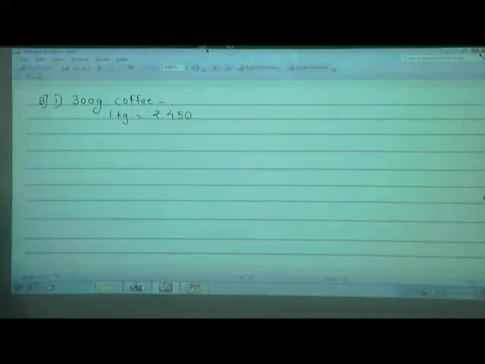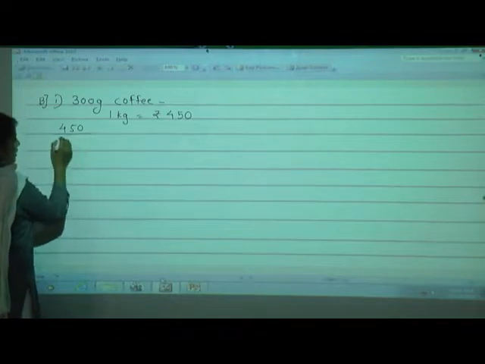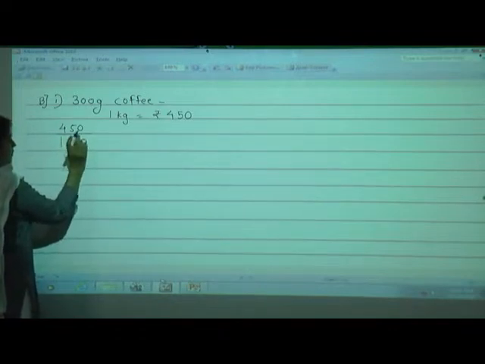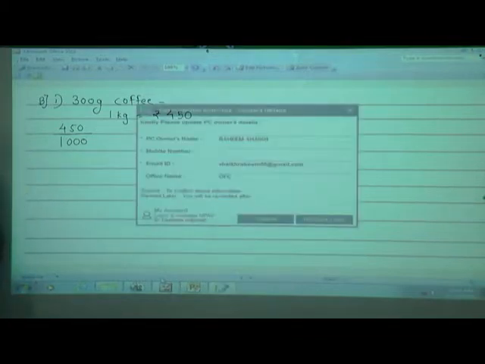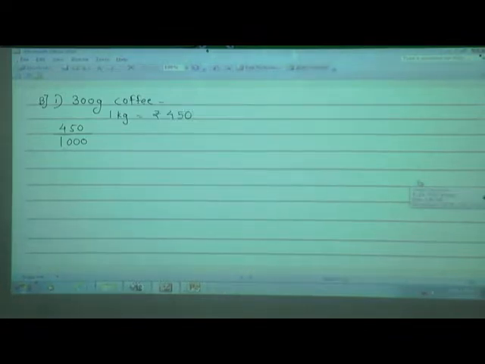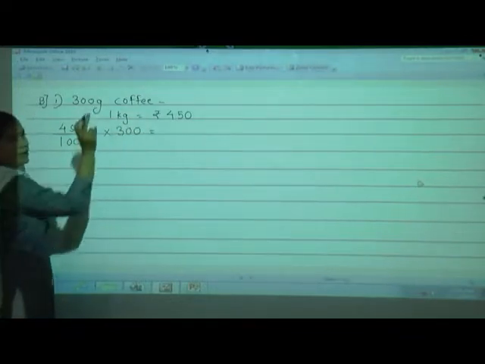Now here that person has bought 300 gram coffee. That's why, students, 450 per kg, that means divide by 1000, because 1 kilogram is equal to 1000 gram. That's why we have just divided by 1000. Now multiply by 300. Then we will get the rate of the 300 gram coffee.